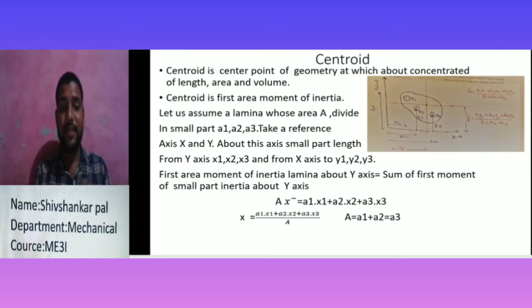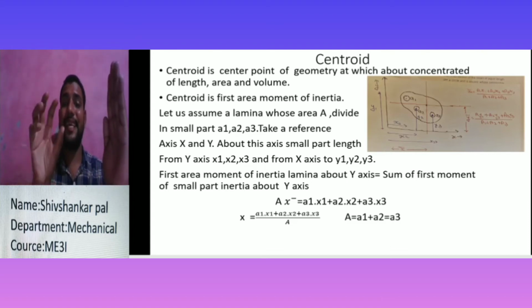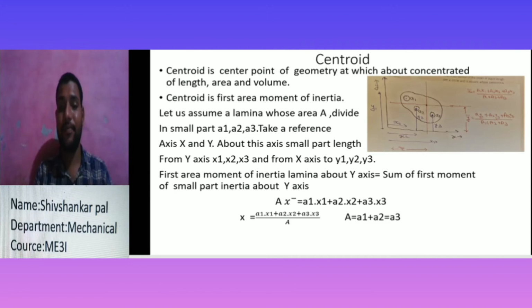The first moment of area about the y-axis equals the sum of the first moments of the small parts about the y-axis. The first moment of the whole object about the y-axis is A into x bar, and the sum for the small parts is A1 x1 plus A2 x2 plus A3 x3. Both moments are equal.